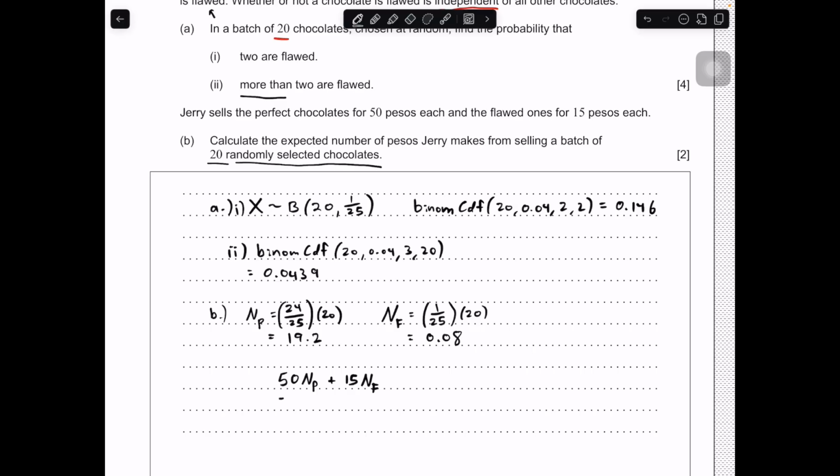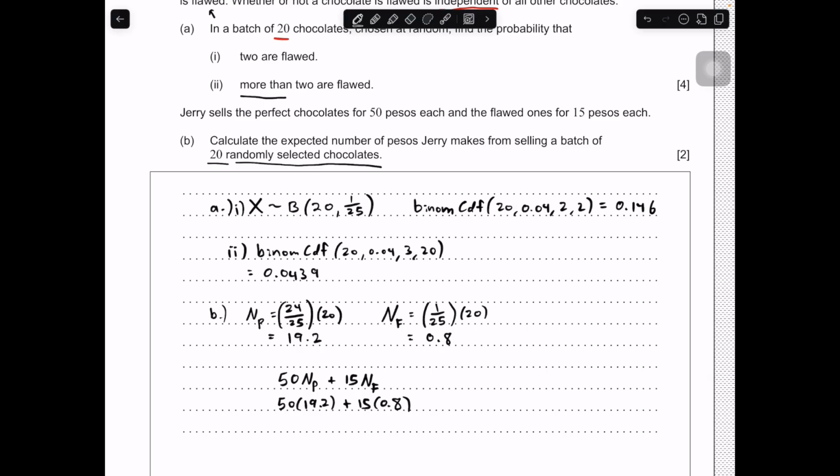So 50 on average for 19.2 plus 15 on average for 0.08 chocolates. Oh, I'm sorry. I thought that seemed a little low. 0.8. So 0.08 would barely show up, but we know 1 out of 25 should be a little higher for 20 chocolates.